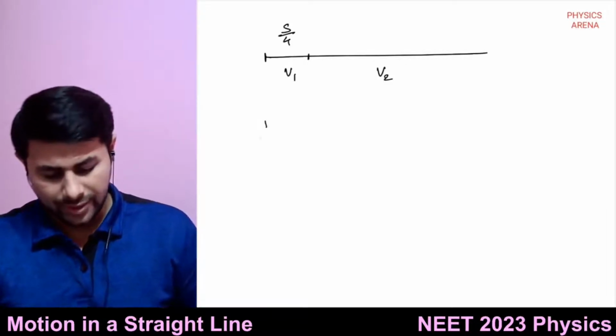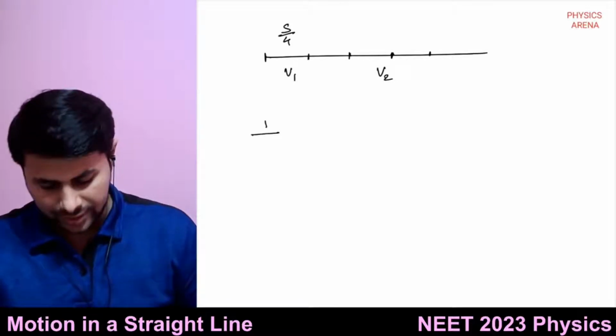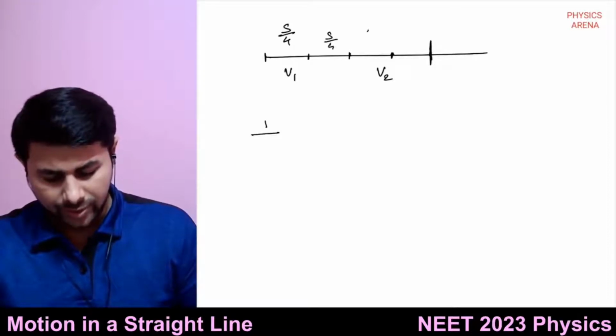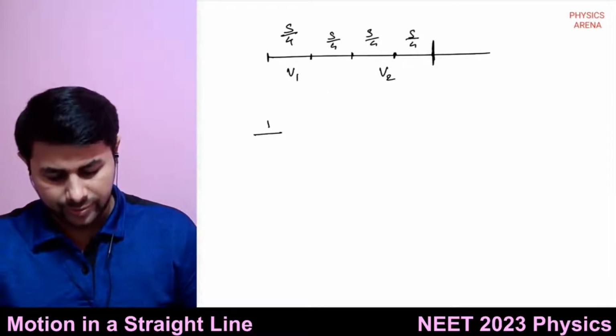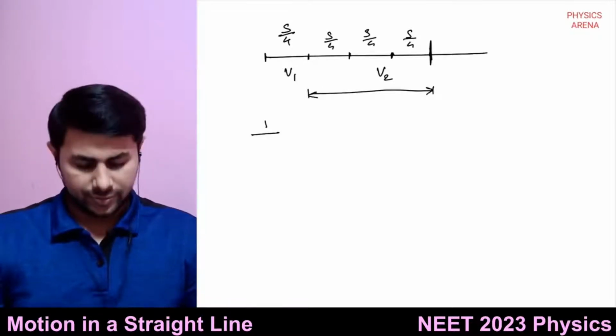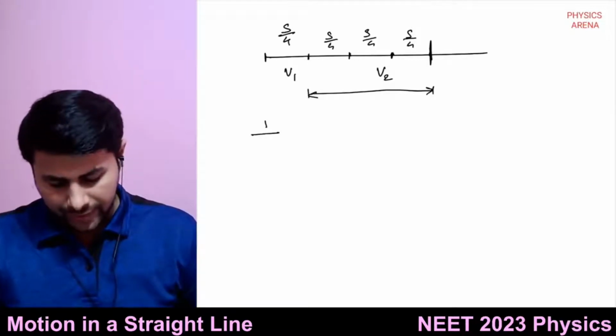So you will write 1 upon, we can divide this total distance, right? Let's say it is up to here, this point only. So this is s by 4, s by 4, s by 4. So it covers distance equal to 3s by 4 with speed v2, right?